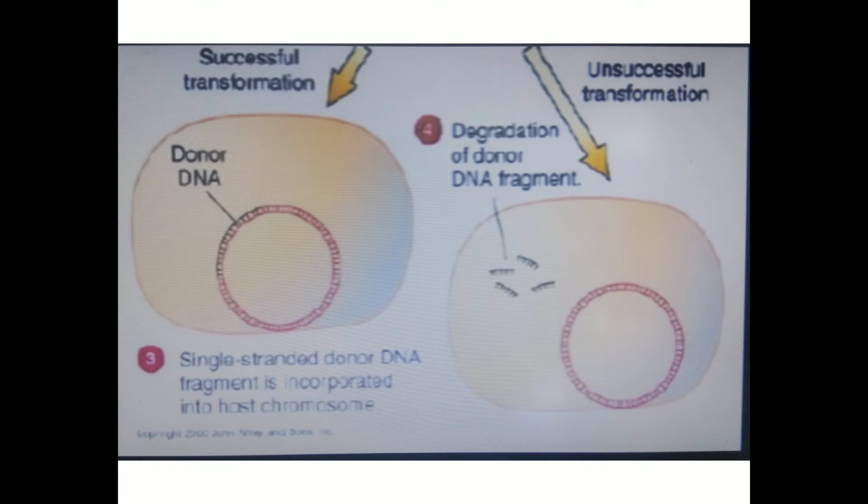Before this lecture we already discussed the two methods of bacterial recombination or sexual method of bacteria, that is conjugation and transduction. So the last, third method is transformation, or transformation in bacteria.